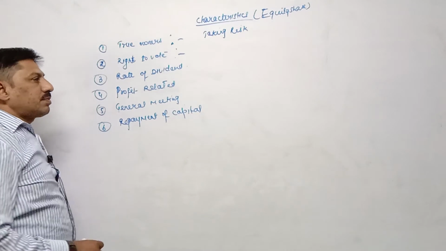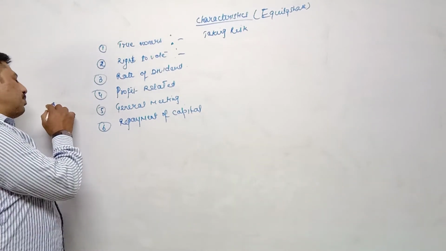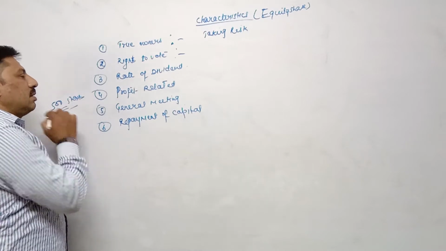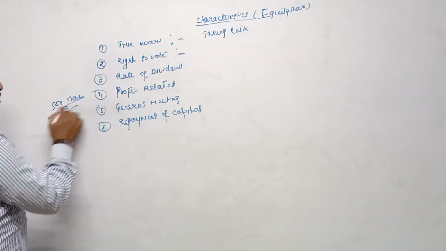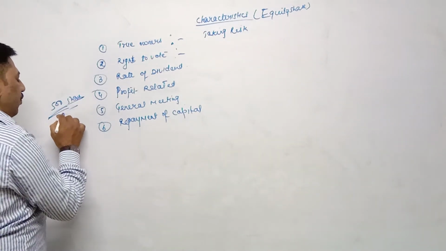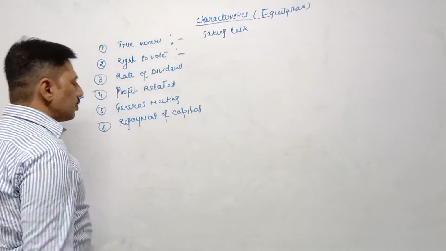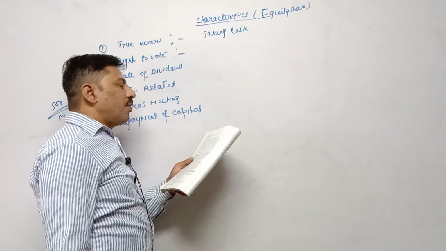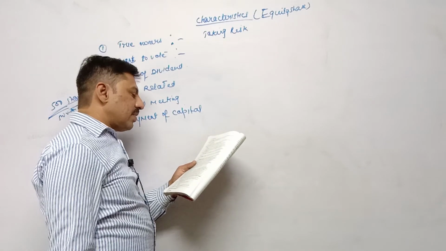For example, if a person has purchased 500 shares, then for 500 shares, he can cast 500 votes. So he has right to cast votes in the meeting for making any decision.